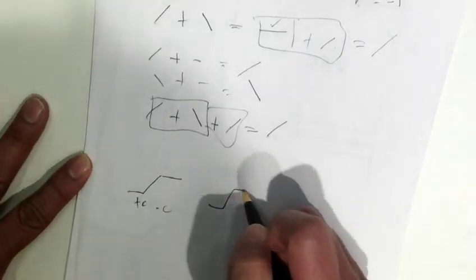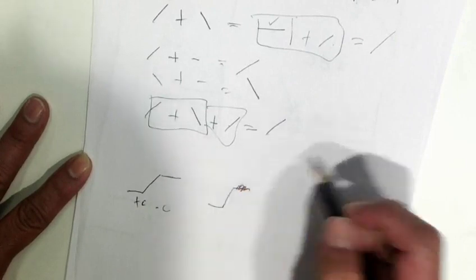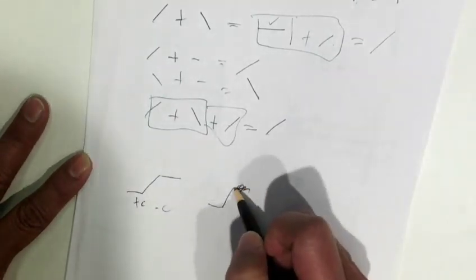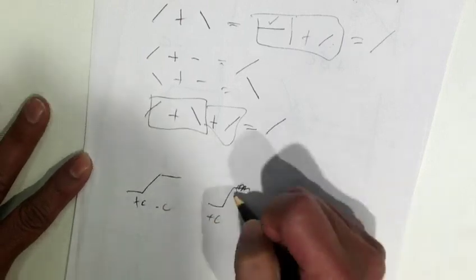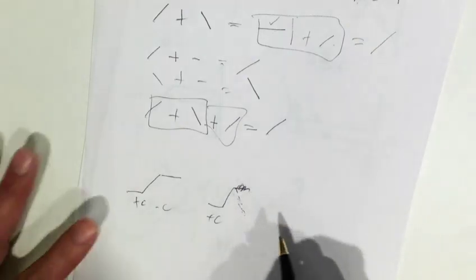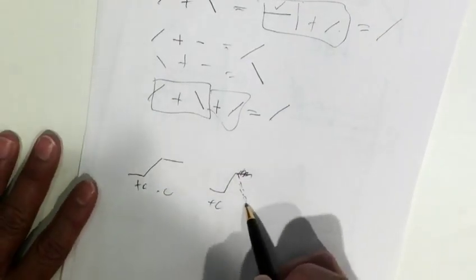Now, if I long a call, but I want this to come down instead, what do I have to do? If you can picture this, it will help you to design any strategies you want. So if I want this to come down, how many calls do I have to short?